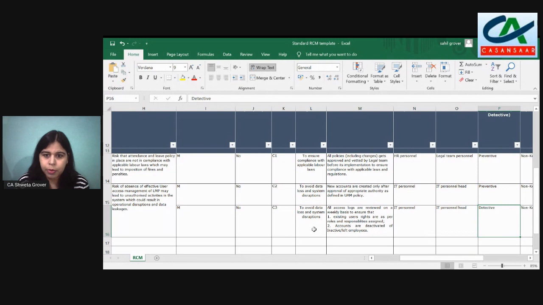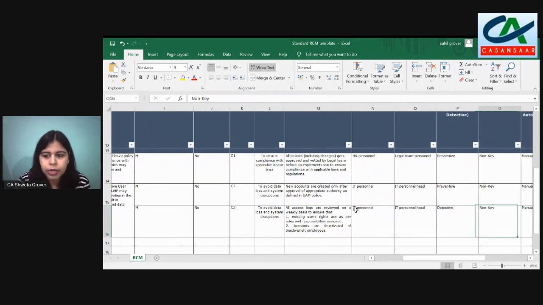The person may get a promotion, the person may be shifted to another department, so accordingly their roles and responsibilities got changed. According to their roles and responsibilities, whether user access rights have been properly altered or not, that has to be ensured. So for that, an ongoing review mechanism should be in place. That is why this second control is very important, and this is a detective control.